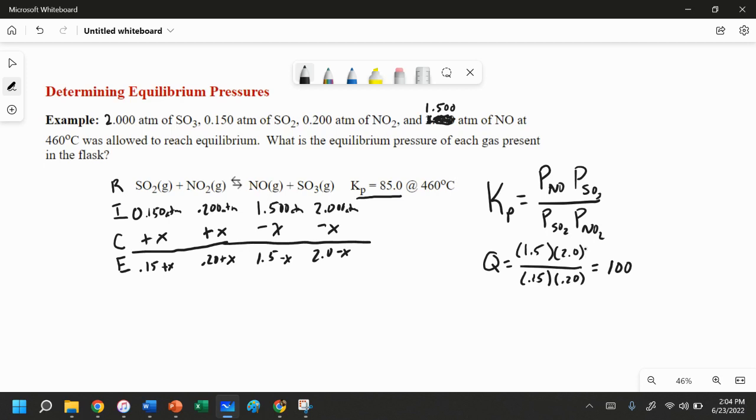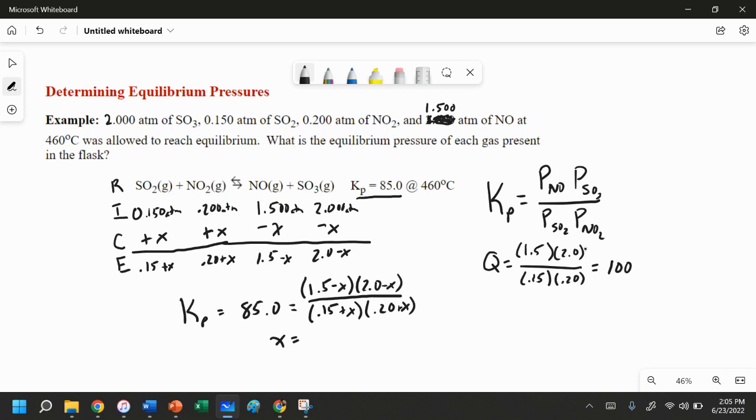So to solve for X, we are going to plug into our equilibrium expression, our K expression. So we're going to plug in the K value, which is 85.0. And then we're going to plug in our equilibrium pressures: 1.5 minus X times 2.0 minus X divided by 0.15 plus X and 0.20 plus X. Again, I am not going to go through all the math on solving for X, but you do need to be able to solve for X in this expression.